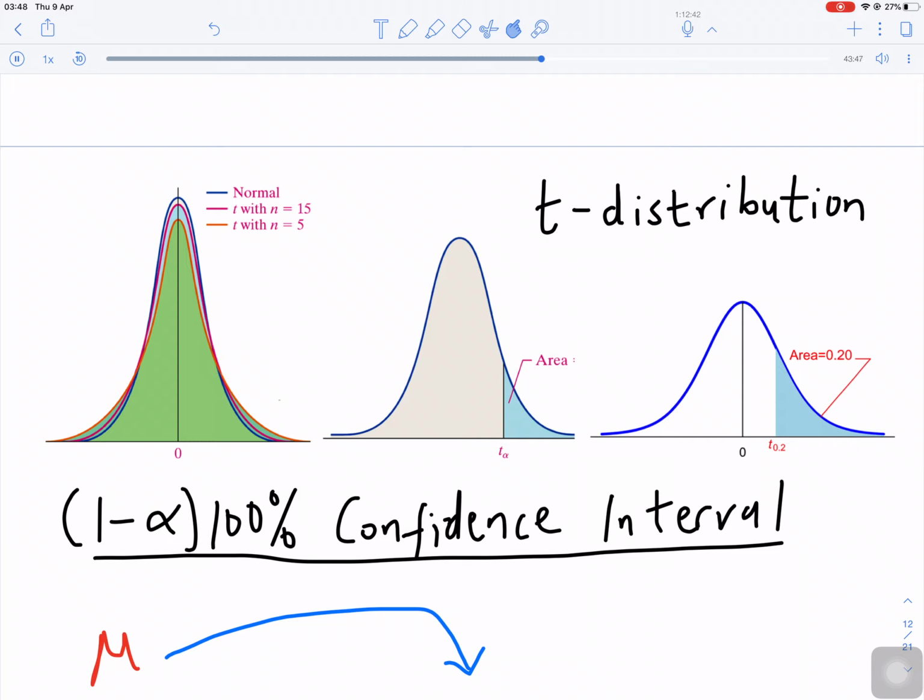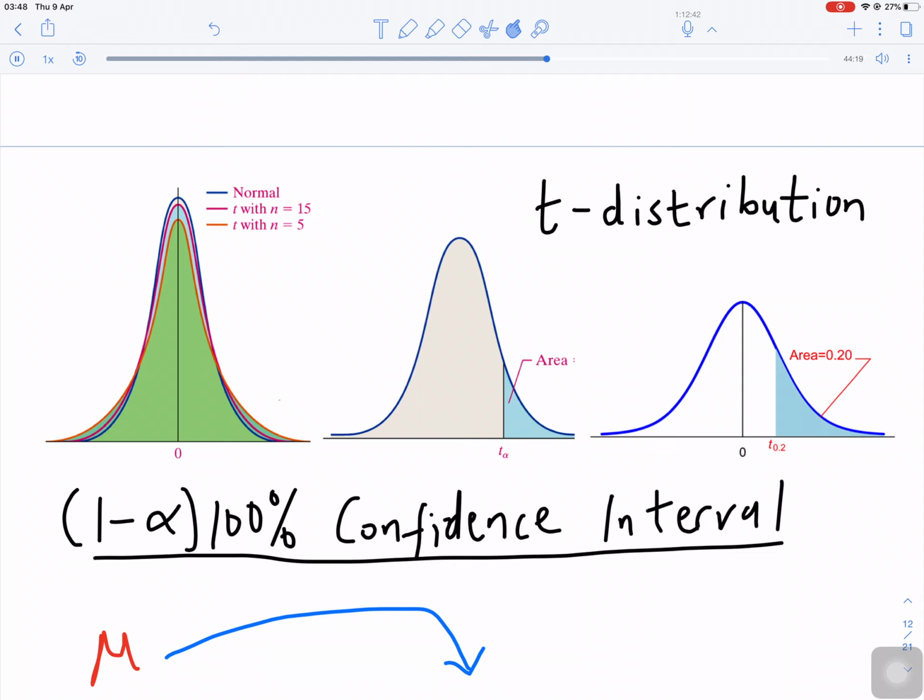I say 14 because we have a sample size of 15 and degrees of freedom is n minus 1, so 15 minus 1 gives you 14. The other one is 5 minus 1, which gives you 4. So we have 2 different T distributions here for different degrees of freedom. They have the same bell shape as the standard normal, but they are not the same as the standard normal.